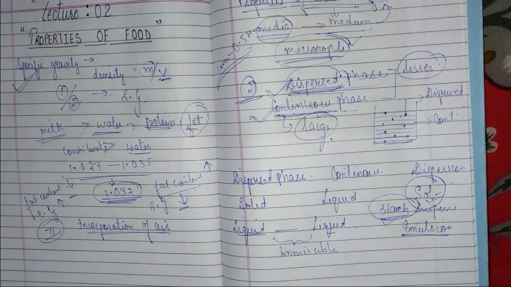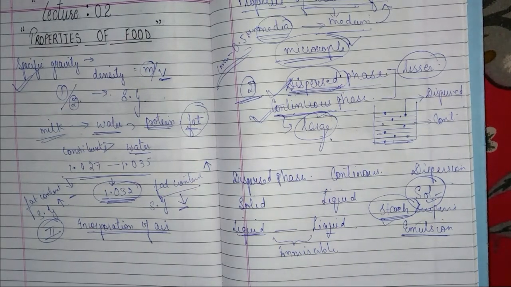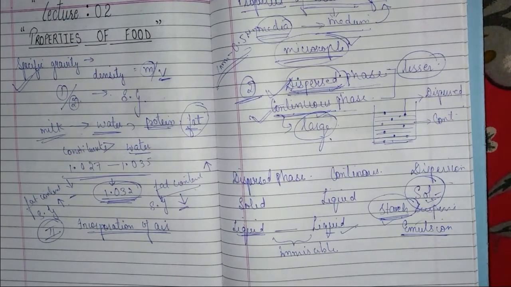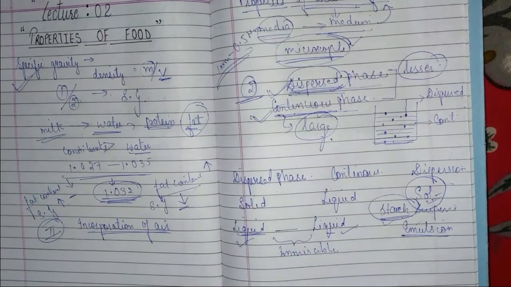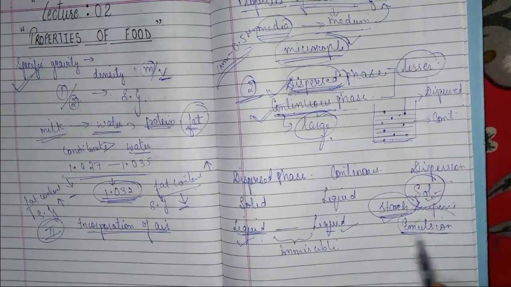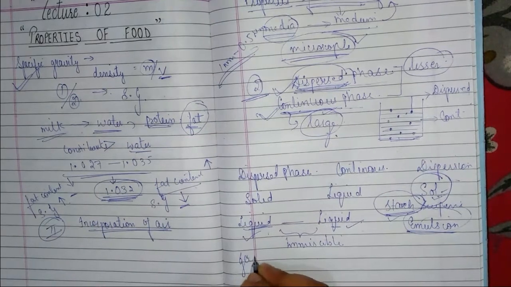And the example of emulsion is very easy. For example, milk is an emulsion in which water is the continuous phase and fat, which is in liquid form, is dispersed in it. So both are immiscible liquids and they form an emulsion. The third one is gas in liquid.